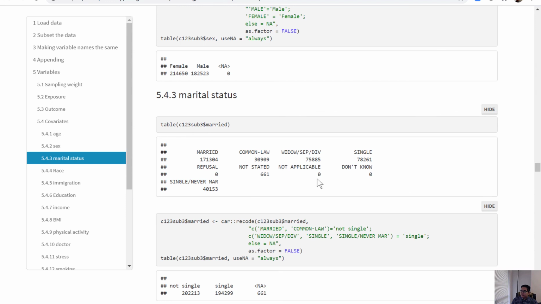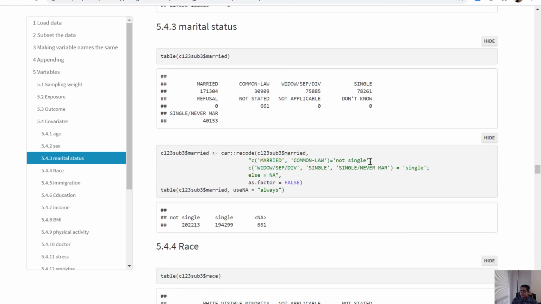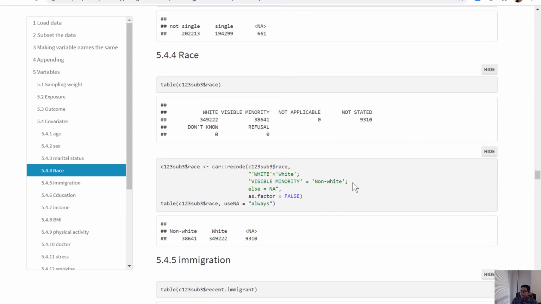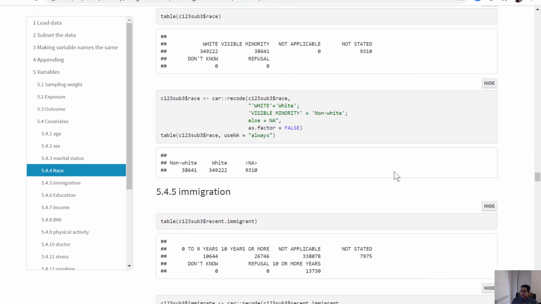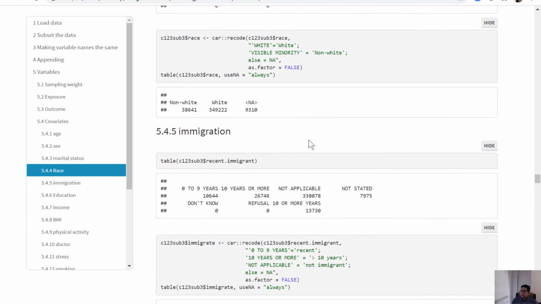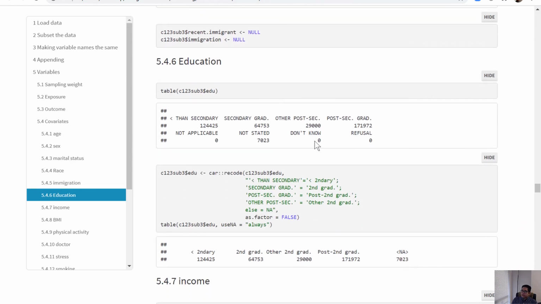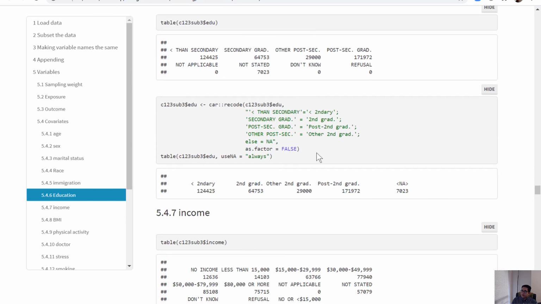The marital status variable was this. Let's just simplify it to single, not single, and missing. Race, there were a couple of different race variables. Let us just convert them to white and non-white, and everything else is missing. Immigration category: recent, not recent, or not an immigrant at all. Education category, I recode them.